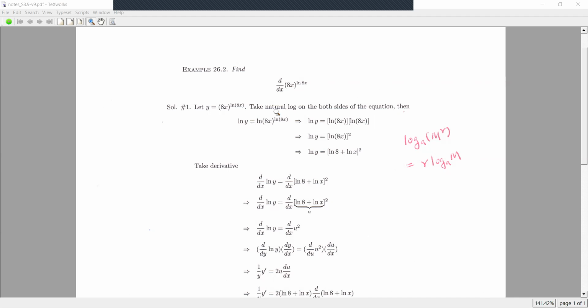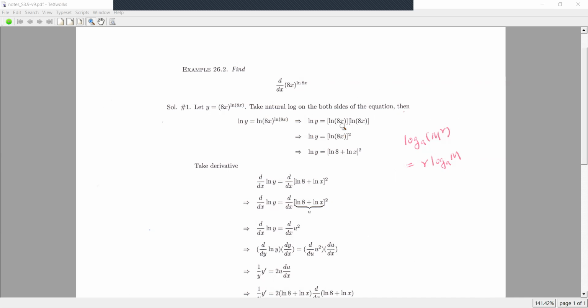Natural log of a power is equal to the power times natural log by formula. In other words, take the power to the front to get this equation.